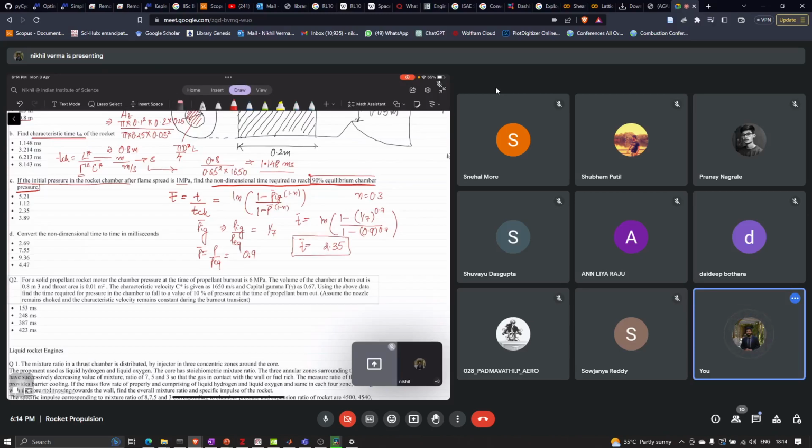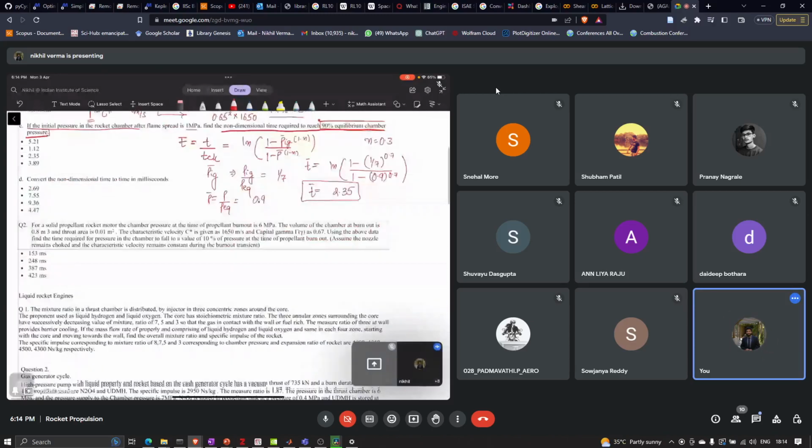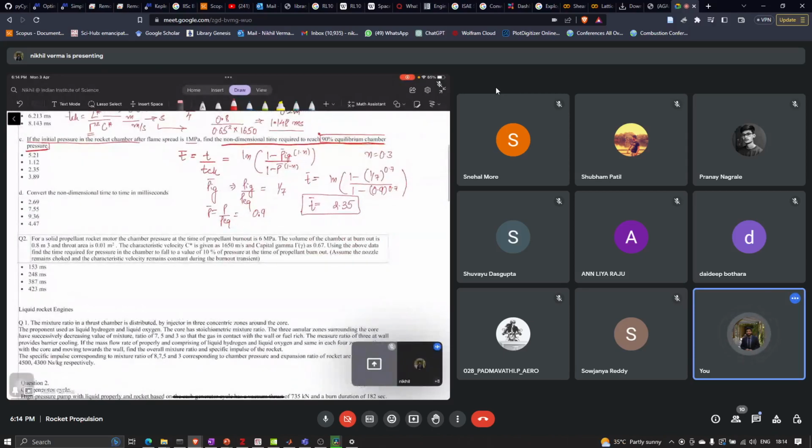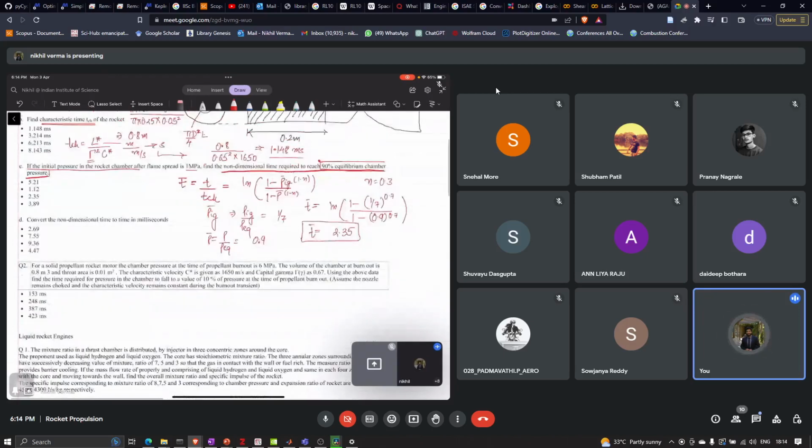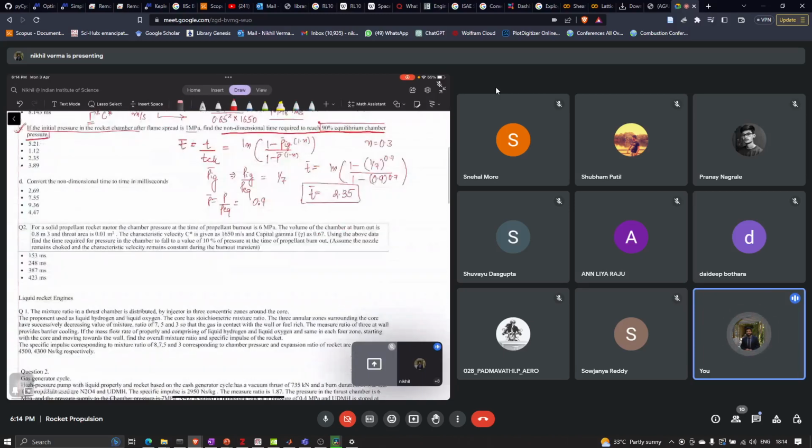Okay, so let us move to another problem. So this is the non-dimensional time. Now what we have to do is convert this non-dimensional time into time which has the unit of seconds.